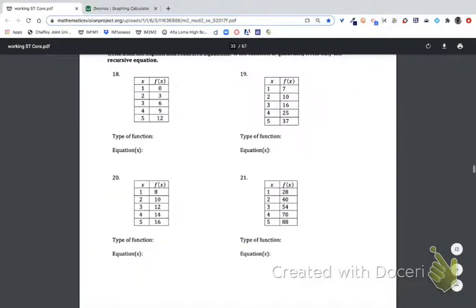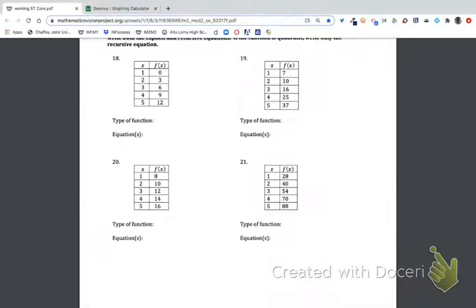For number 21, similar process. We have 12, 14, 16, and 18, which means that we have a second difference of plus 2.